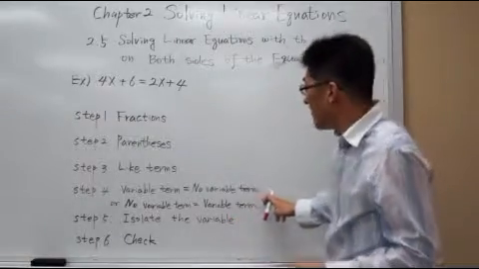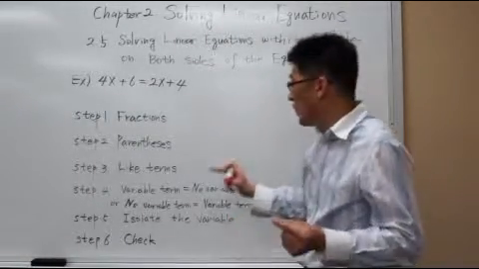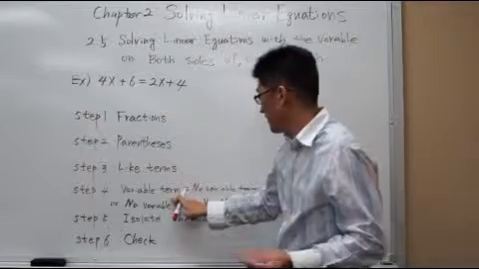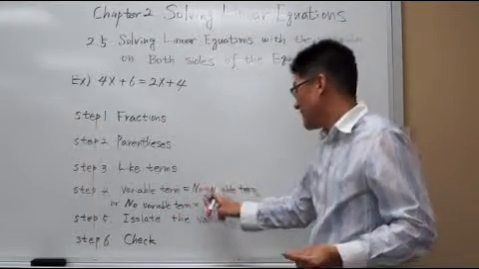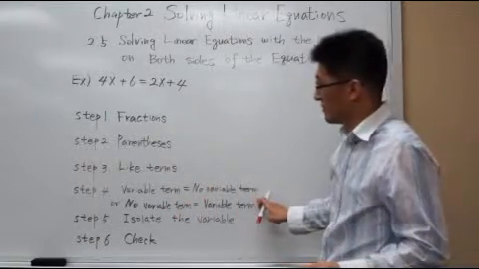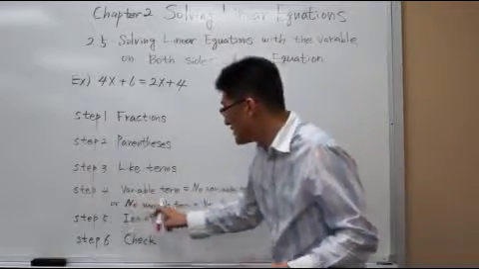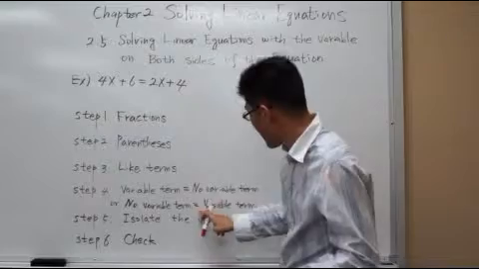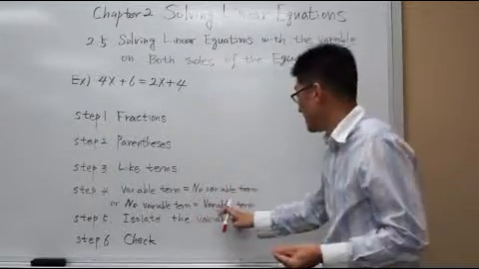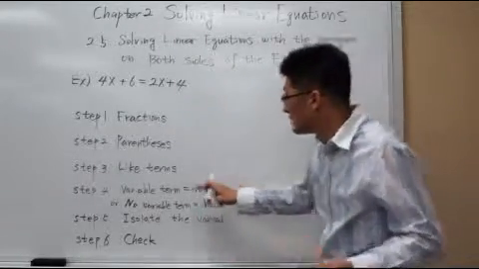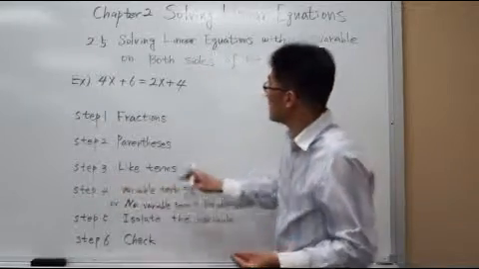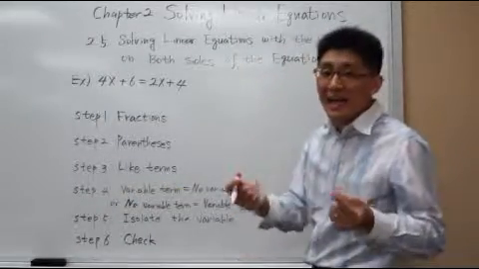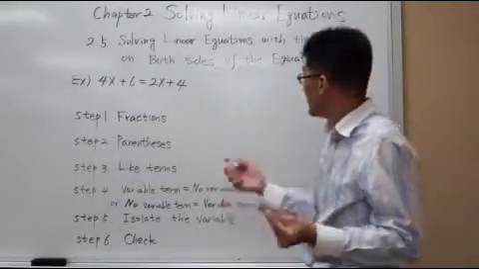Let's look at the fourth step. One side is a variable term, and the other side has no variable term. To do step 4, you use the addition property.